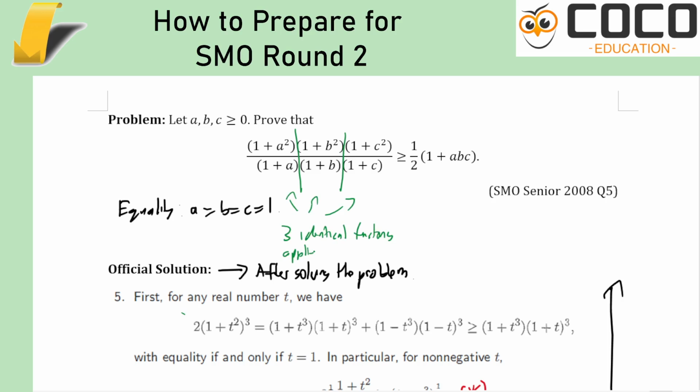applied to A, B, and C. So the function being f(x) equals (1 plus x squared) over (1 plus x).